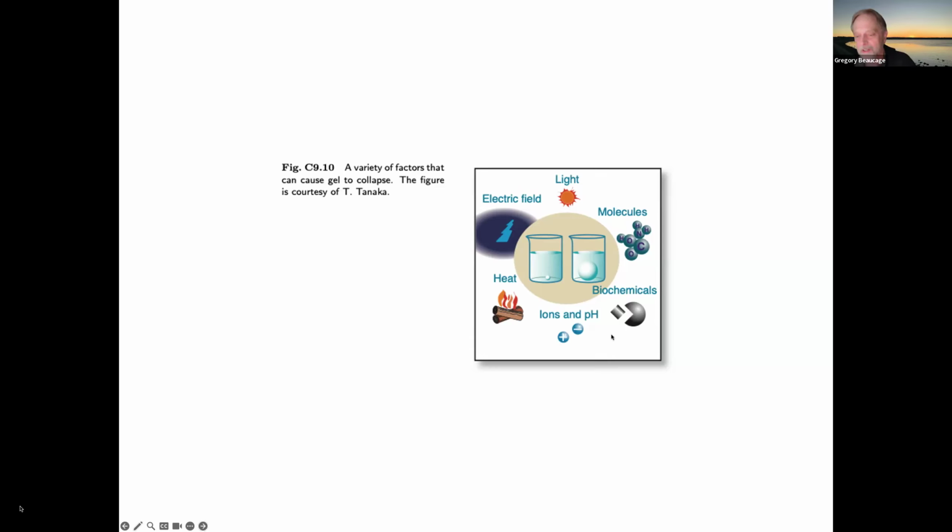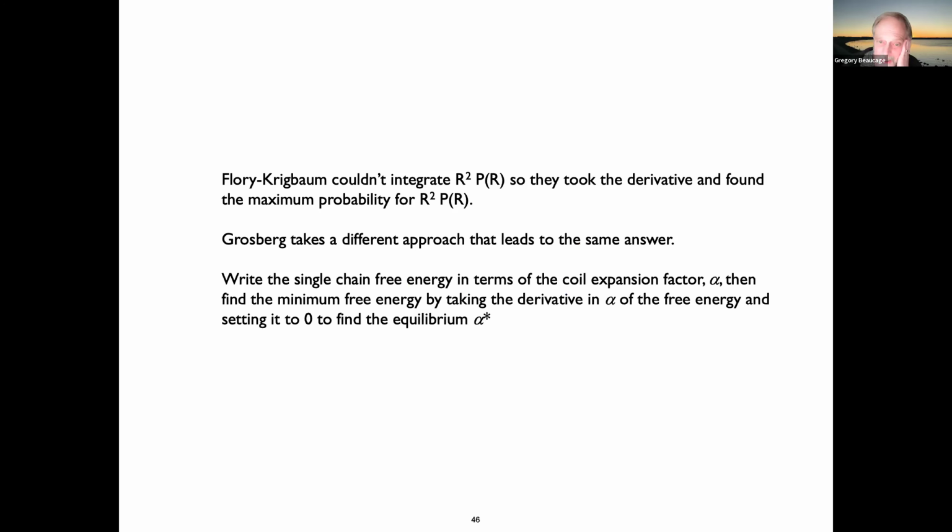So biochemicals or ions can drive it. And then some people have looked at electric fields and light. If you put the right molecules into it, you can drive the transition that way. So there are different ways to control it. If you make a network of polymers and you want this kind of transition, it's possible to control it. But the theoretical understanding of that is what we're looking at here.